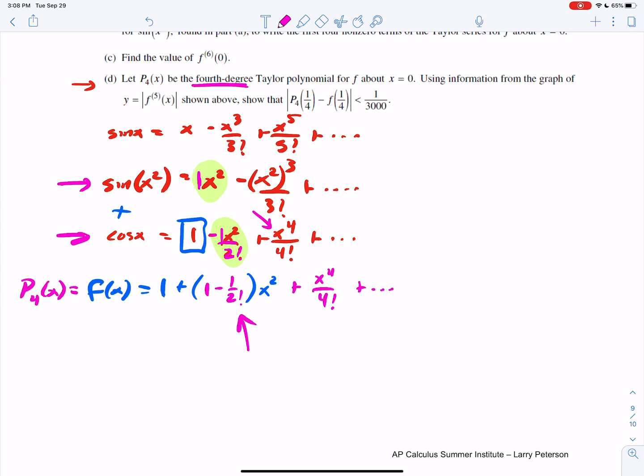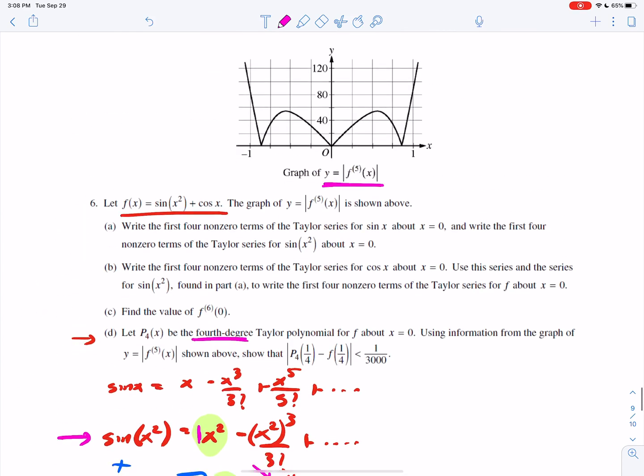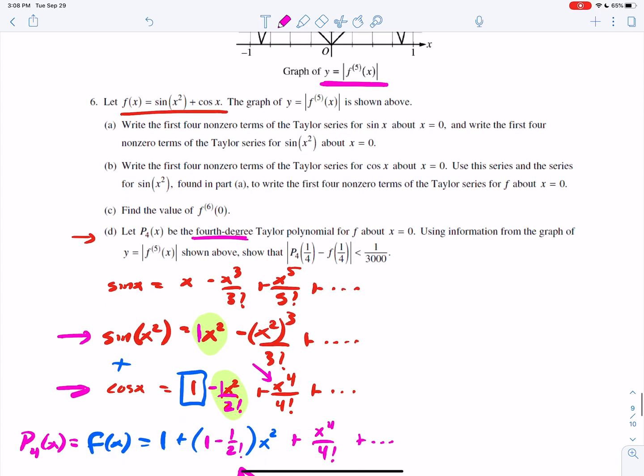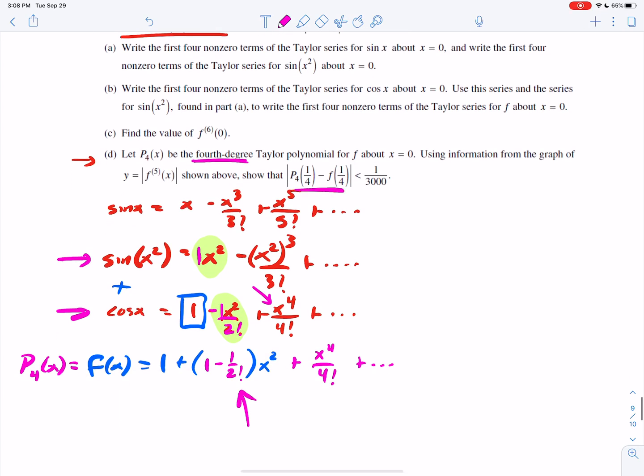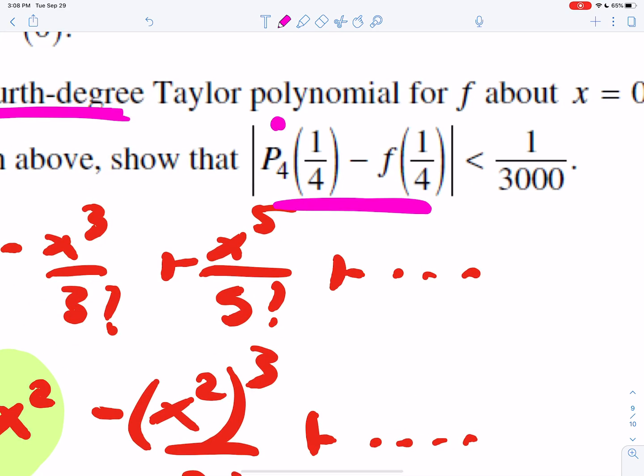Using this information from the graph that they give you up above, which represents the 5th derivative of f, show that whatever the heck that means is less than 1 over 3,000. Show that the actual minus the approximation gives you less than 1 over 3,000.